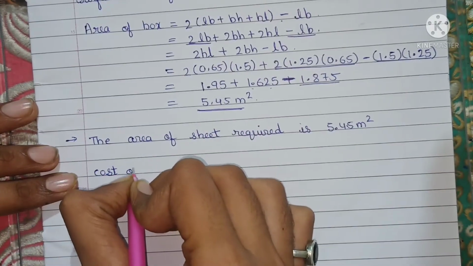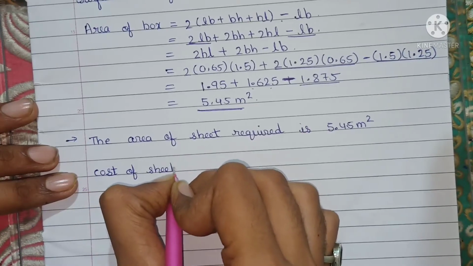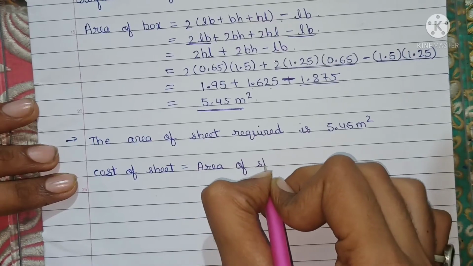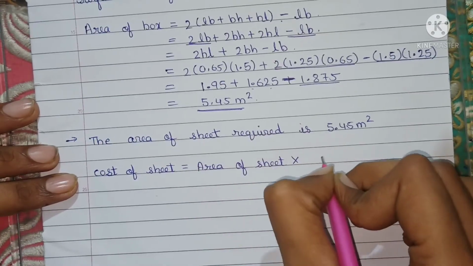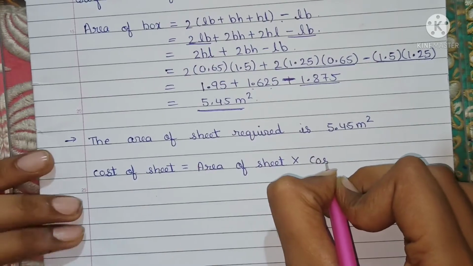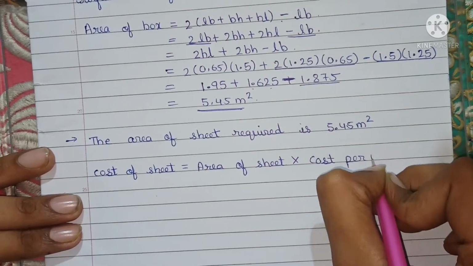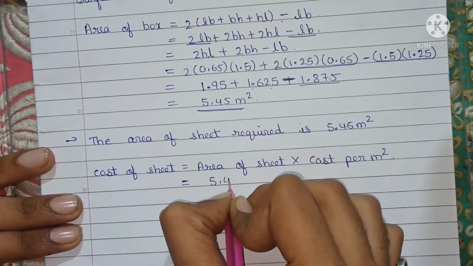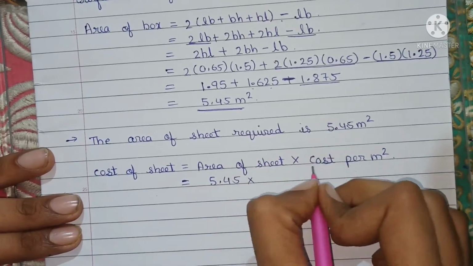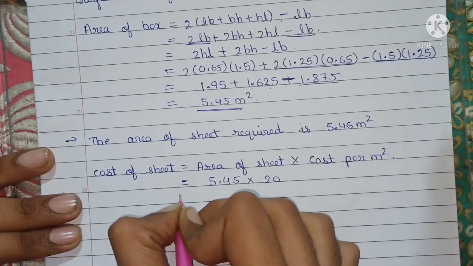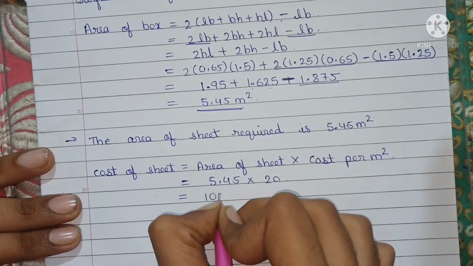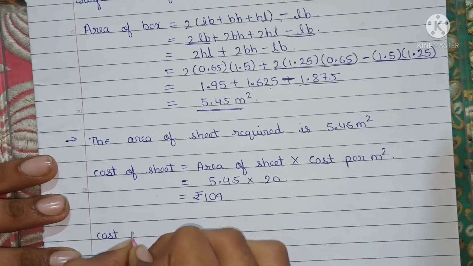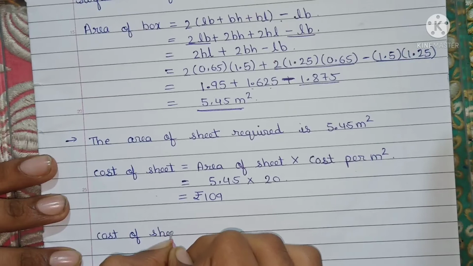Cost of sheet is equal to area of sheet multiplied by cost per meter square. Area of sheet is 5.45 and cost per meter square is 20. So we get 109 rupees.